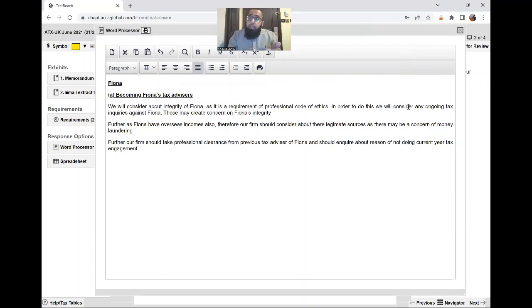So the first thing was about integrity. The second one was about money laundering. The third one was about professional clearance. Then we should think about our own competence. Our firm should also evaluate its own competence in relation to dealing with tax affairs of Fiona, as Fiona also earns overseas incomes.